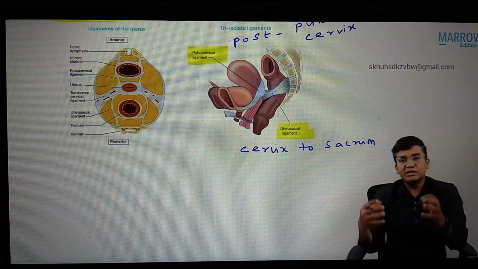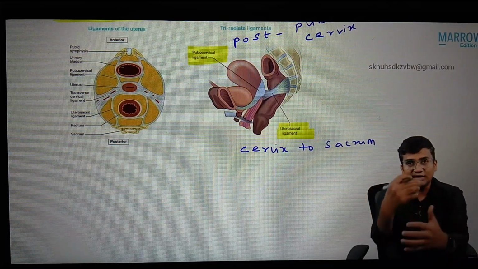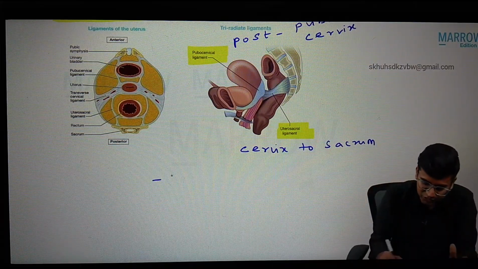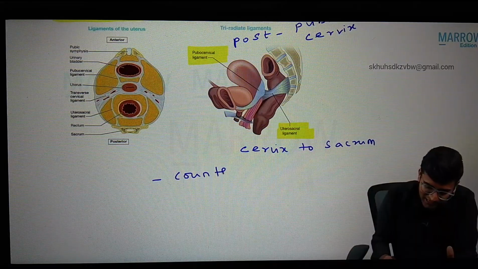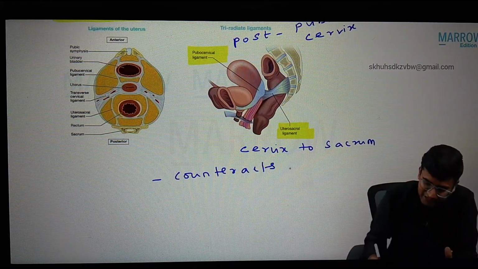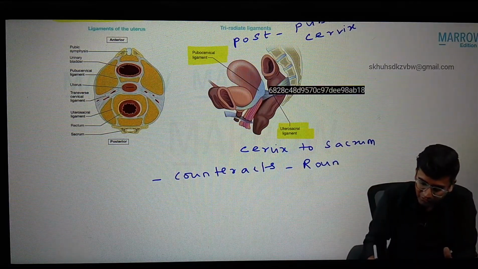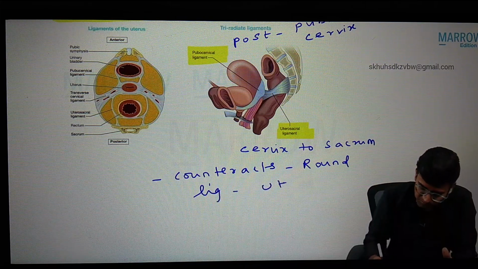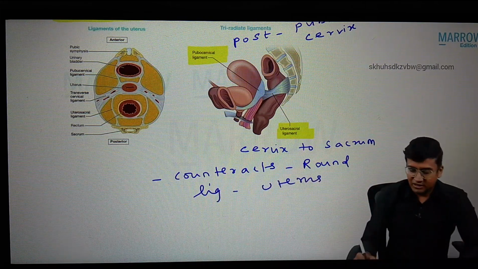The uterosacral ligament is the ligament which counteracts the round ligament of the uterus.